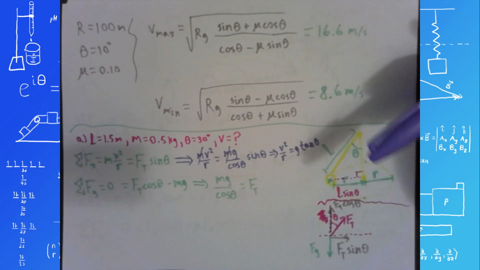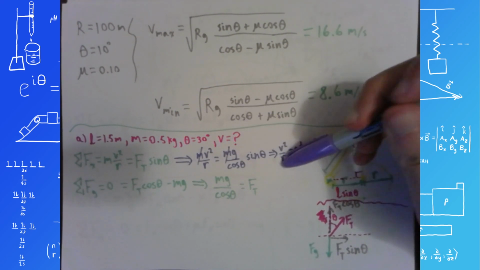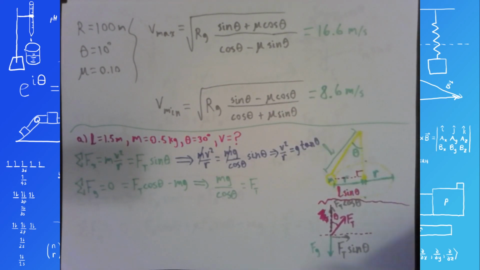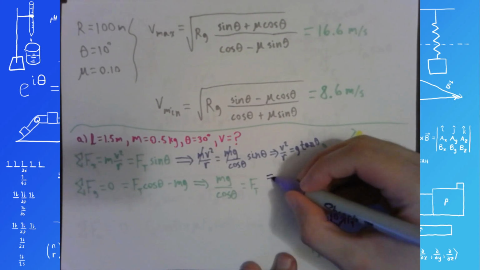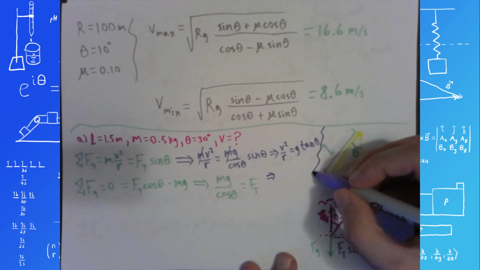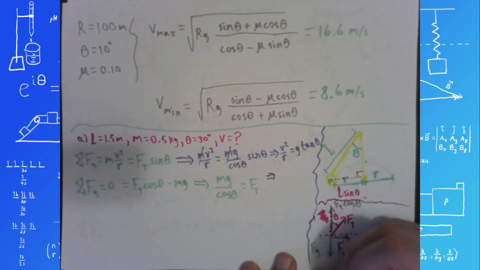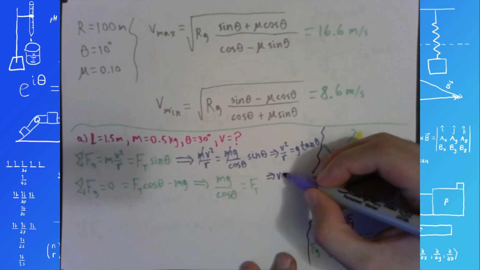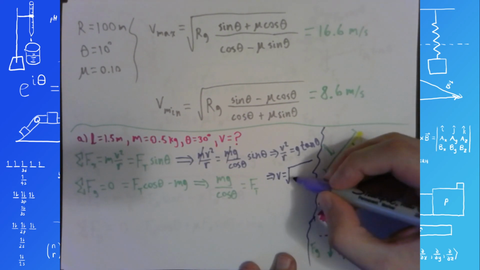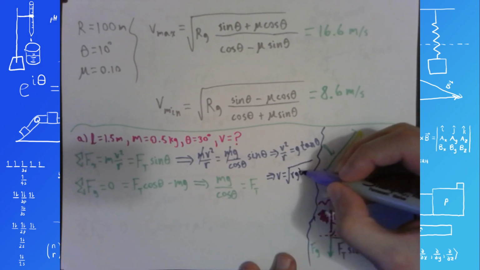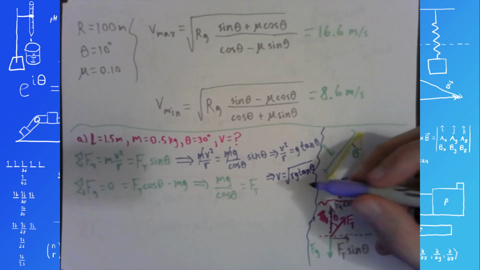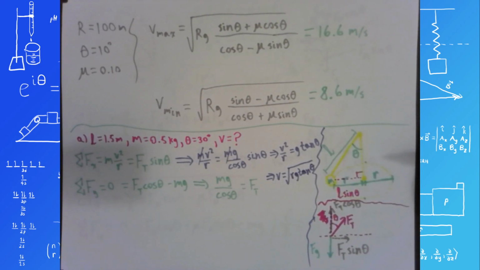Anyway, now that I have this, I can solve for v, which they were asking for: multiply by r and take the square root. So v equals the square root of rg tan theta. I don't know r yet, but I do know it's equal to L sine theta, and I know L and I know theta, so that works.